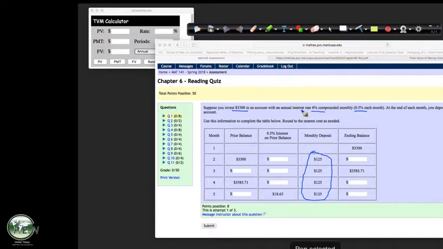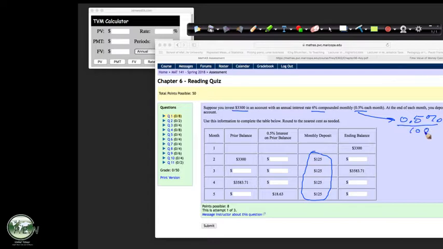Okay. So let me explain that one. So 0.5% each month. When we do this calculation, so this is kind of like what we were doing in lesson 4, chapter 4, with percentages, what we want to do is change it from a percentage to a decimal. To do that, we divide by 100.